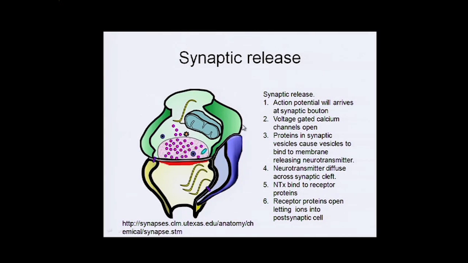As the calcium flows in, there are proteins which cause the vesicles to bind to the outer plasma membrane and open. As it opens, it releases the neurotransmitter through diffusion, and it goes across the very tiny synaptic cleft and binds to the receptors, where usually they open other channels, letting ions into the next cell, starting another action potential.